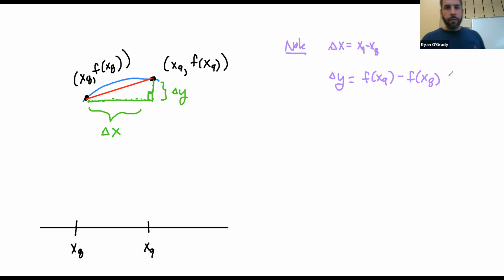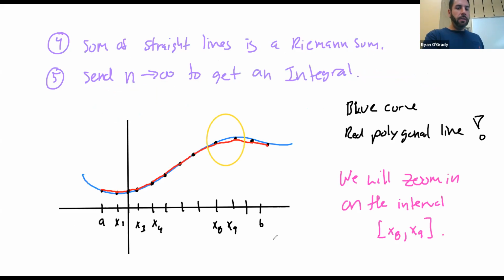So let's give some names to some other stuff. Let L sub 9 be... why am I going to call it L sub 9? I'm calling it L sub 9 because I'm thinking of this as the 9th piece. Does that make sense? So if I go back, my first piece goes to x1, my next piece x2, x3.